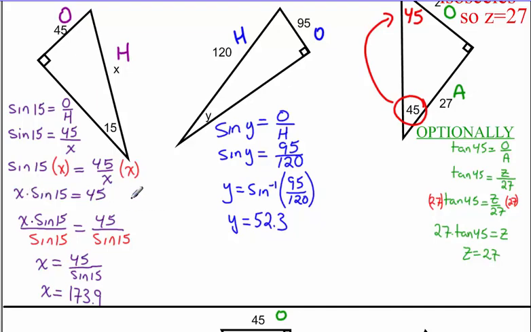If this were something else, something like 5x equals 45, we would divide both sides by 5 and end up with x equals 9. And so in exactly the same way, we divide both sides now by the coefficient essentially that I don't want, the sine 15, divided by sine 15, and we get 173.9.